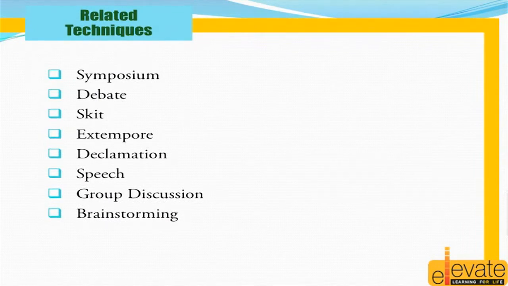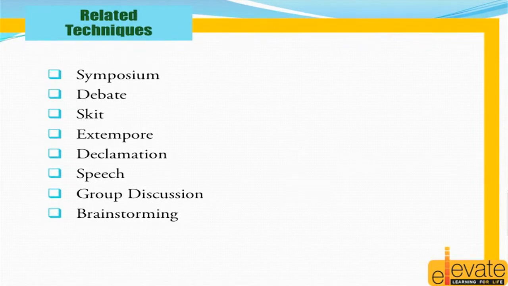Then debate. A few students for, a few students against, and now they are debating. So this is also a kind of role play. Somewhere role play is giving birth to all the new activities which are given in Elevate activity books. Skit.